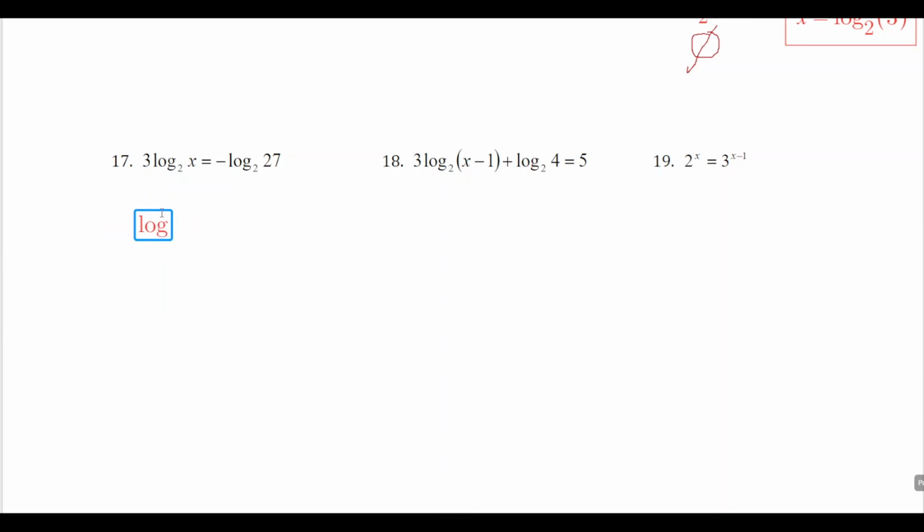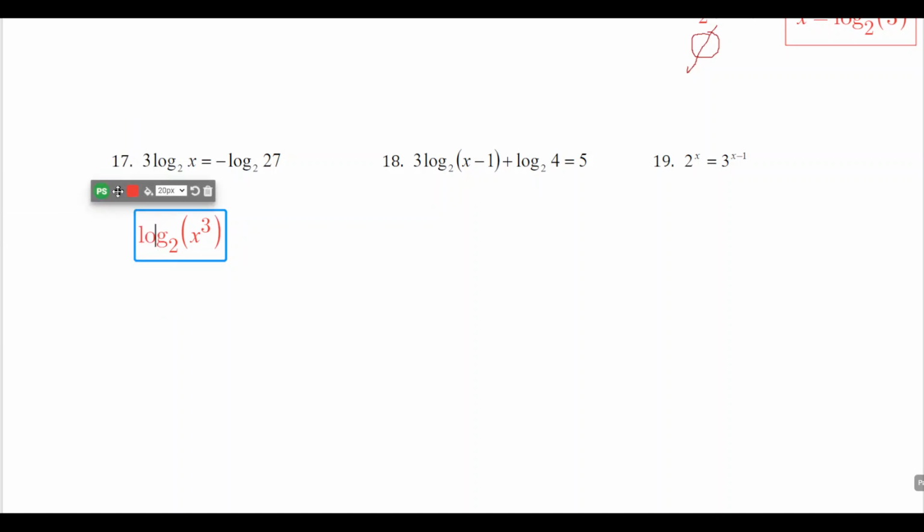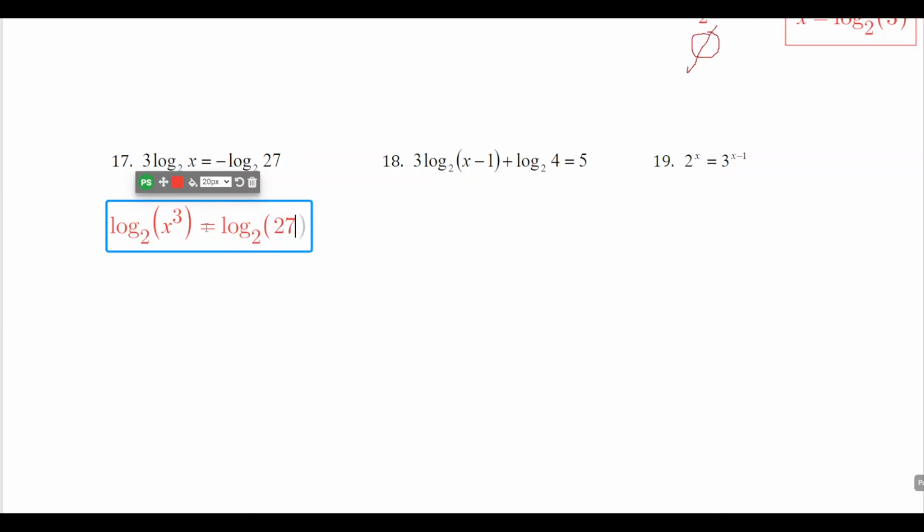So I'm going to rewrite this one as log base 2 of x cubed, right? Using the power property, I can move that coefficient of the logarithm to be an exponent, equals log base 2 of 27 to the negative 1 power.